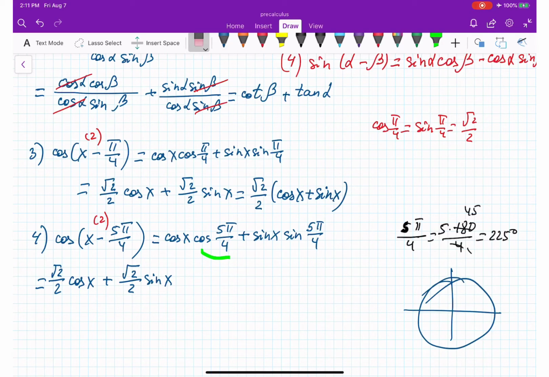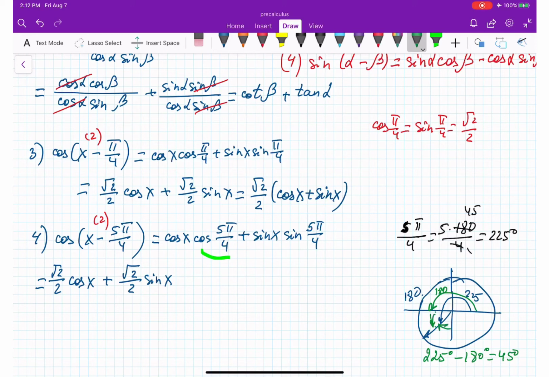This is 225, and this is 180, so the angle up to here is 180. So how much will this piece be? 225 minus 180 degrees, it's going to be 45 degrees, correct? So if this piece is 45, that means this piece is also 45.